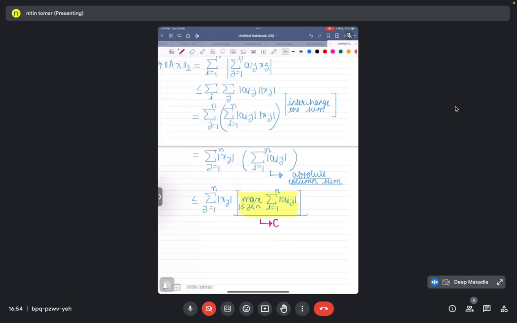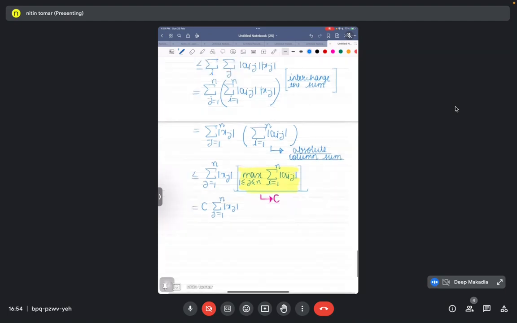Maximum. So it is nothing but just C times mod x_j. Am I correct? But what is this? This is C times the 1 norm of x. So what does this give? That the 1 norm of Ax is less than or equal to C times the 1 norm of x.